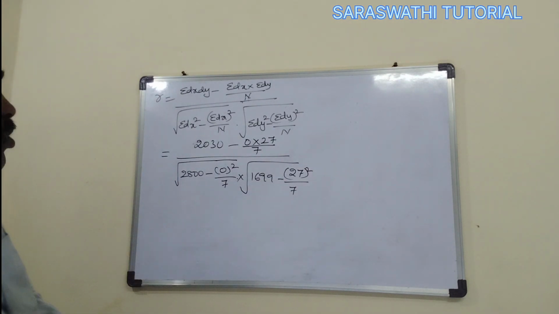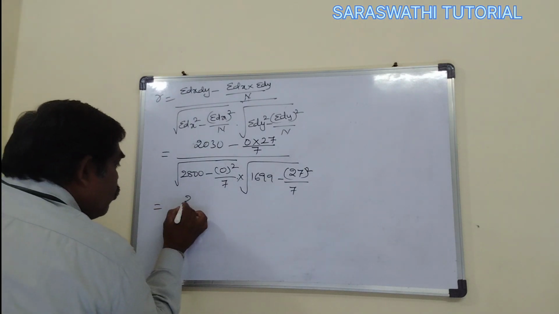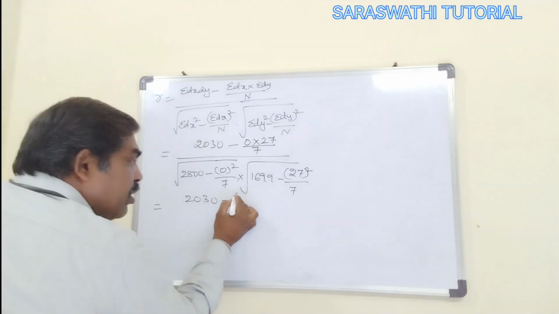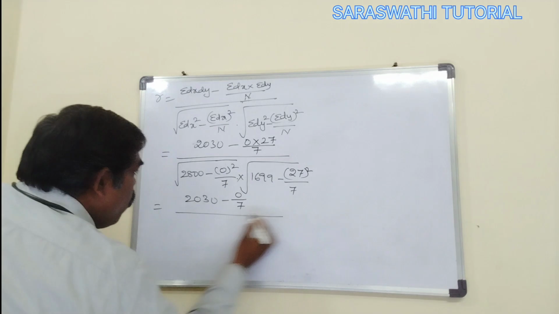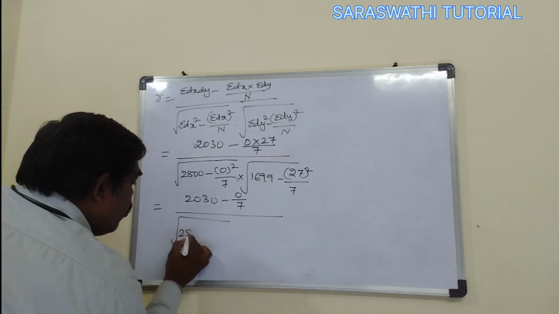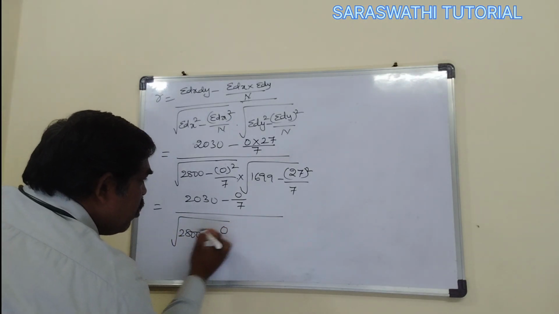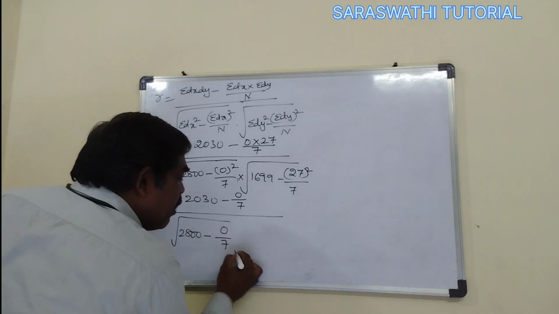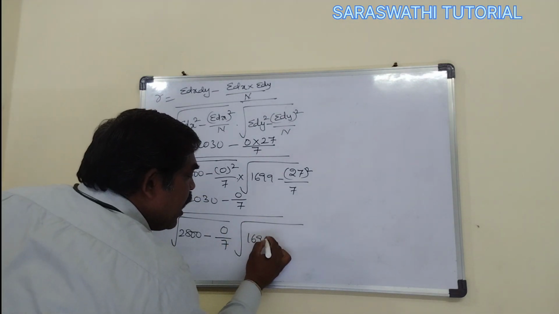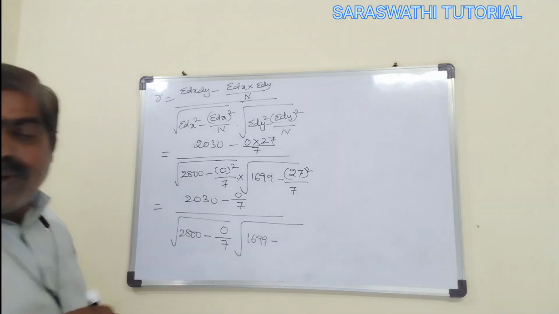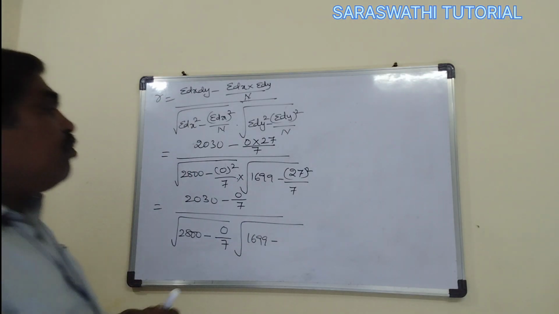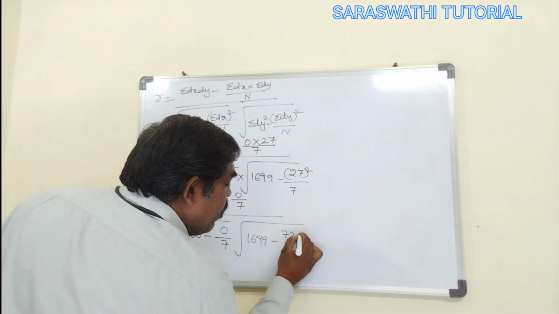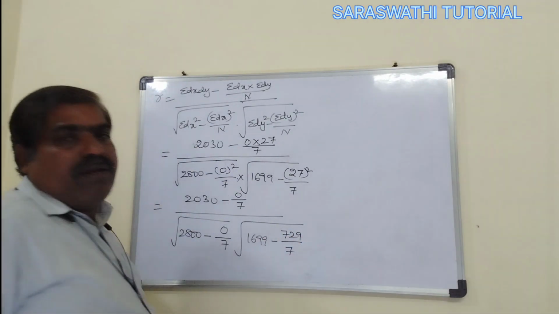Now just do the calculation. 2030 as it is I am writing, any value into 0 becomes 0, by 7, whole divided by under root 2800 minus 0 by 7, 0 square is nothing but 0, by 7, into 1699 minus 27 into 27, 27 square, which is 729, by 7.